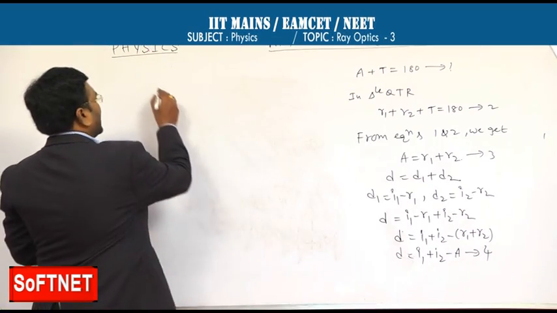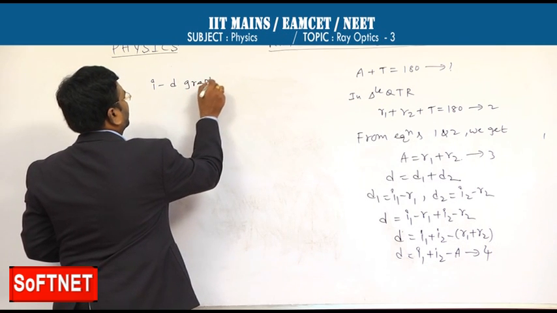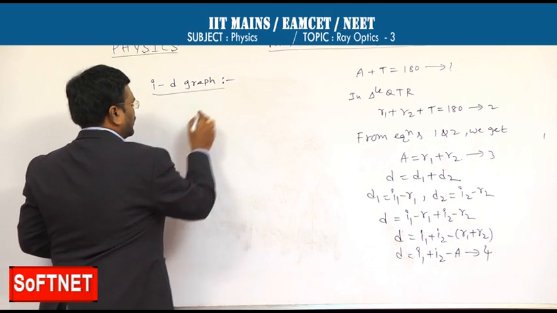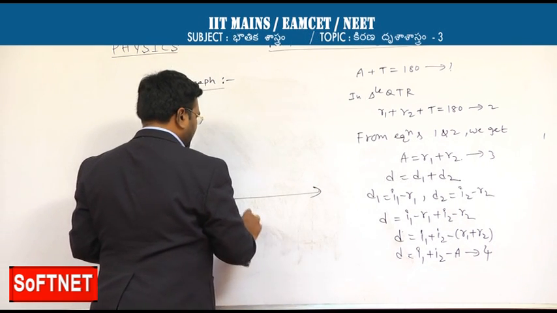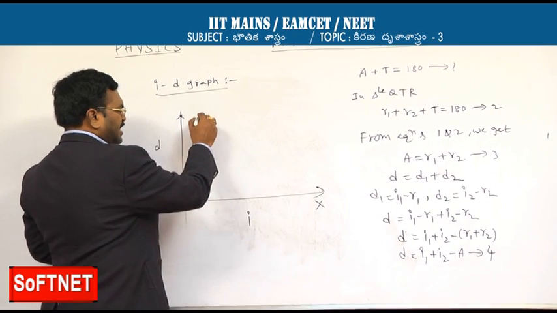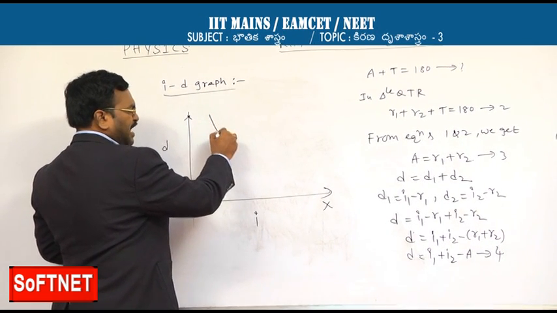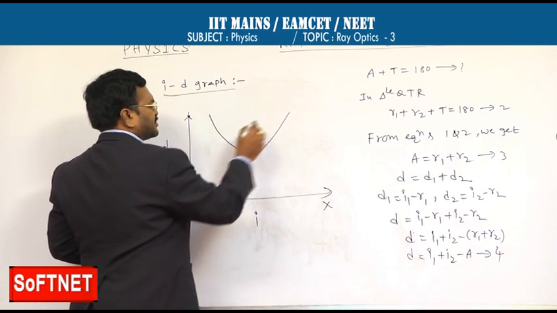Now we discuss the I-D graph. Here we take I values on the x axis, D values on the y axis. As angle of incidence increases, angle of deviation decreases, reaches a minimum, and again increases.